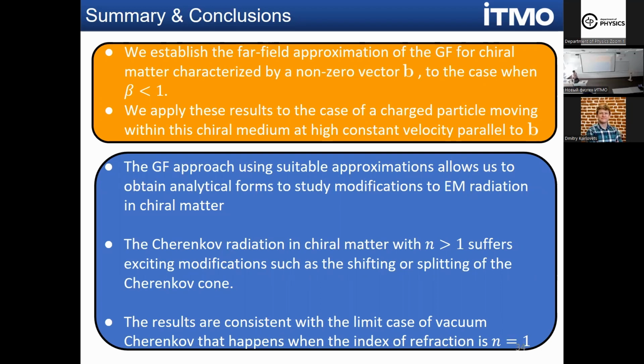So we conclude that the Green's function using suitable approximations allows us to obtain analytical forms to study modifications of radiation in chiral matter. The Cherenkov radiation, where the index of refraction is bigger than 1, suffers modifications such as the shifting or splitting of the Cherenkov cones. And our results are consistent with the limit case of vacuum Cherenkov radiation that occurs when the index of refraction is approximately 1.